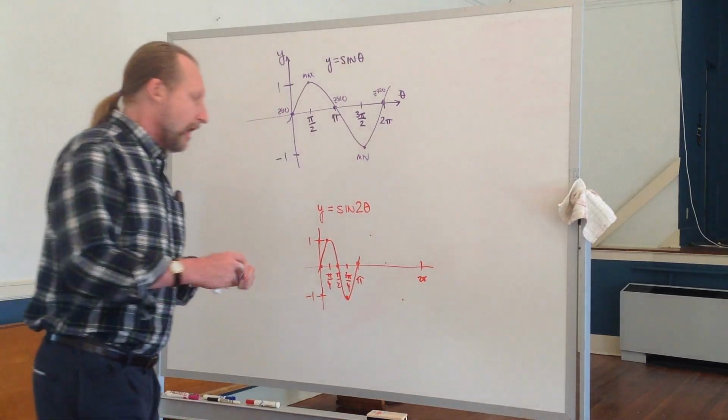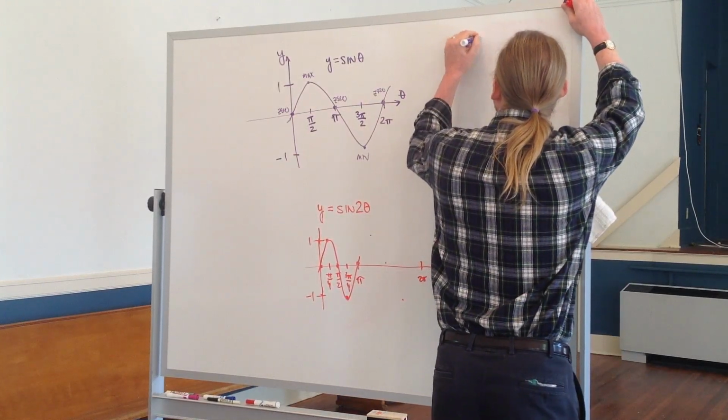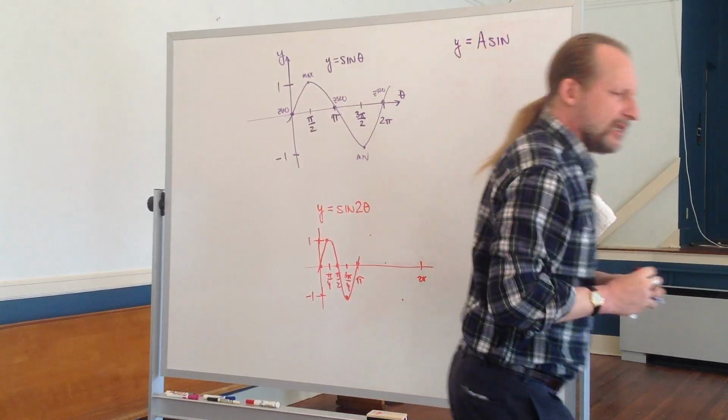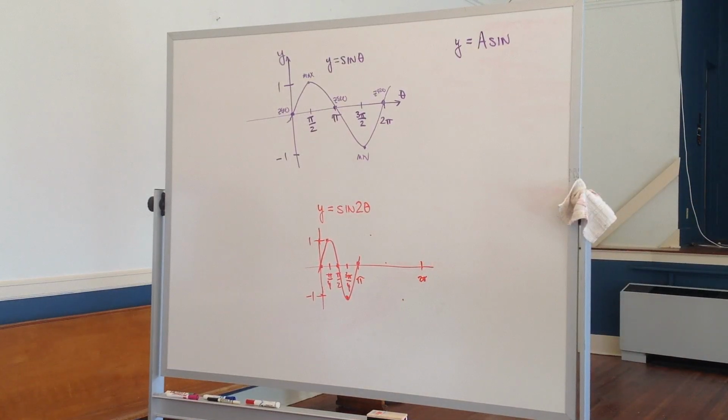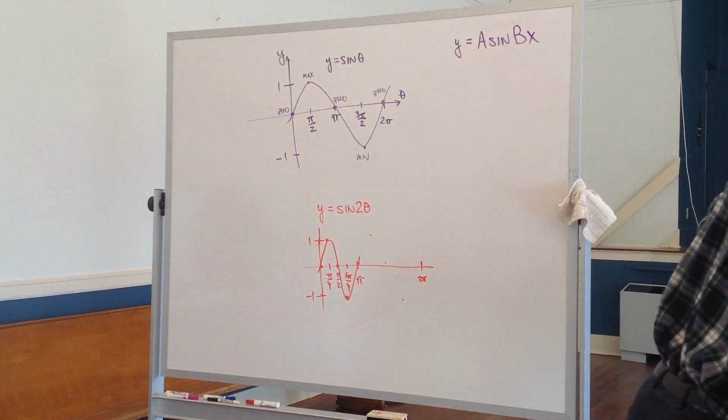So, in general, if we write this as y equals a sine of b theta, I think in the textbook, page 64, it's A sine B, and I think I'm using x in the textbook rather than theta.